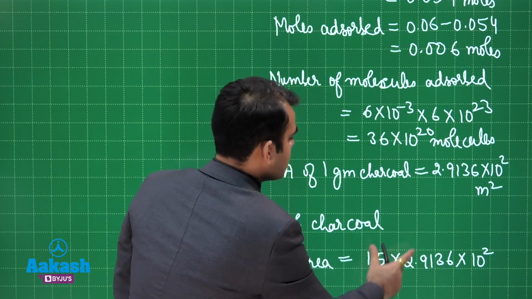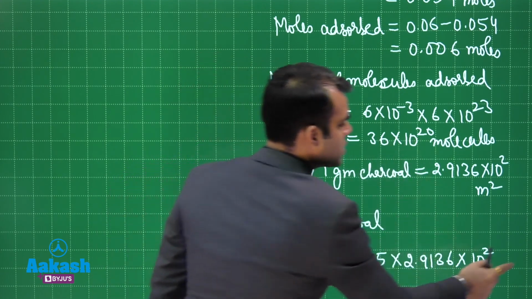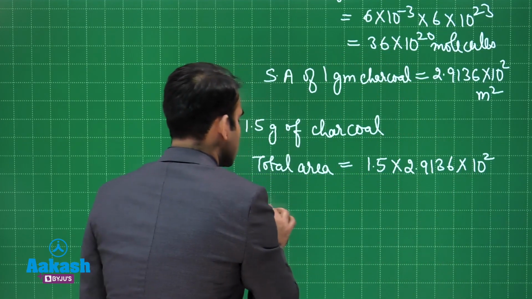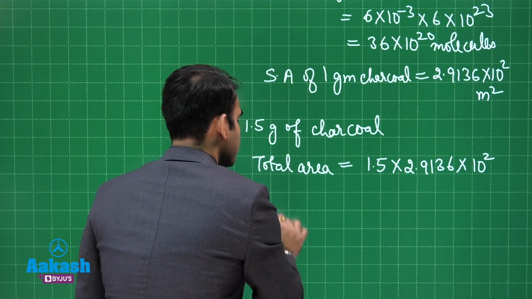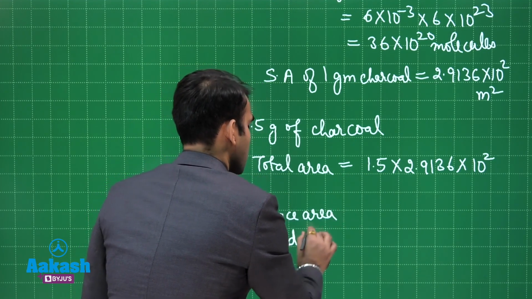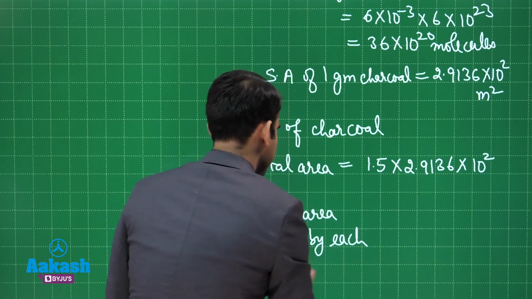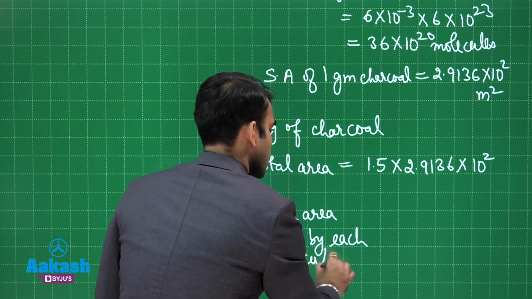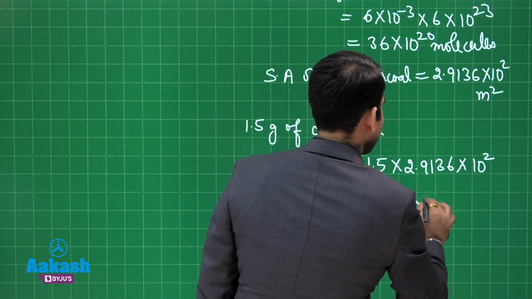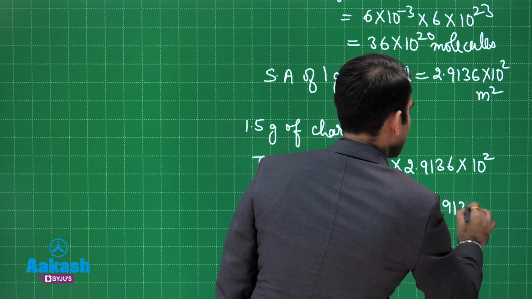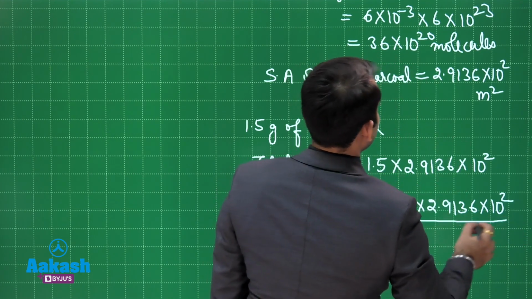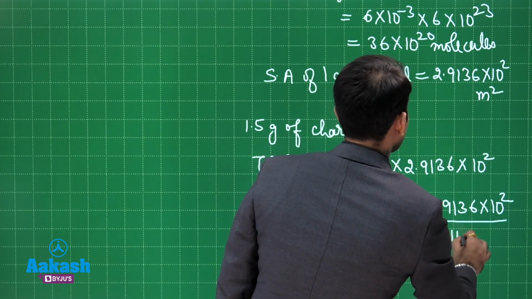Now this total area is basically covered by this much molecules. So if I divide the total area by the number of molecules, I will get the surface area covered by each molecule, and that is 1.5 into 2.9136 into 10 to the power 2 divided by the total molecules, 36 into 10 to the power 20.